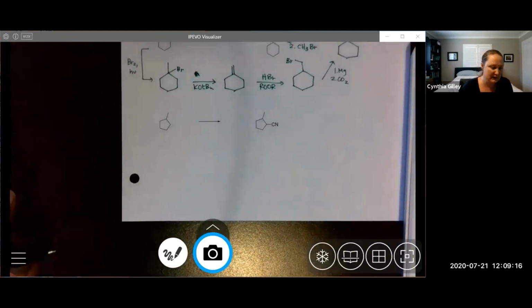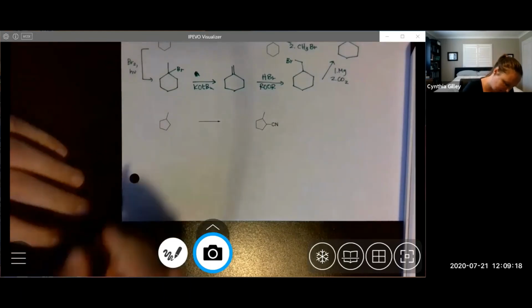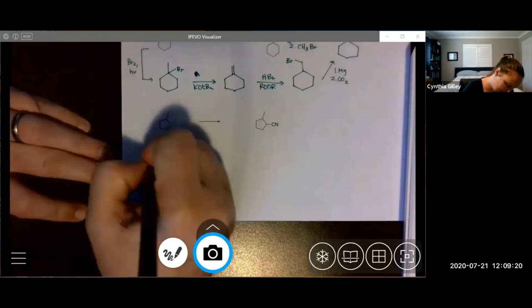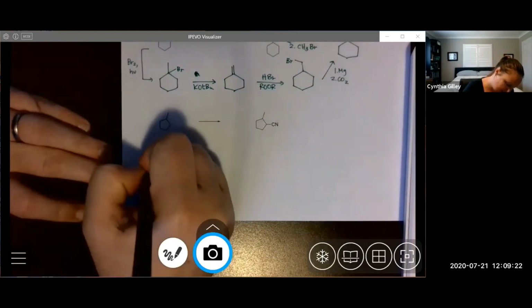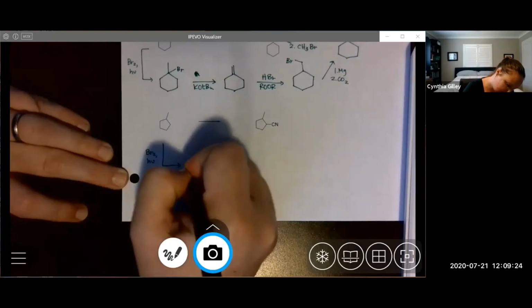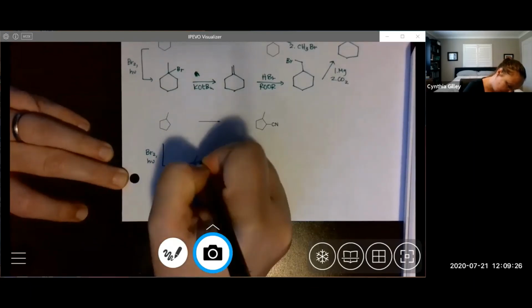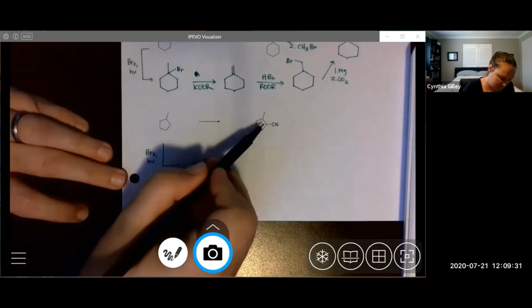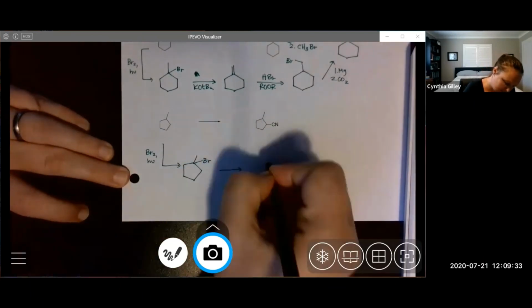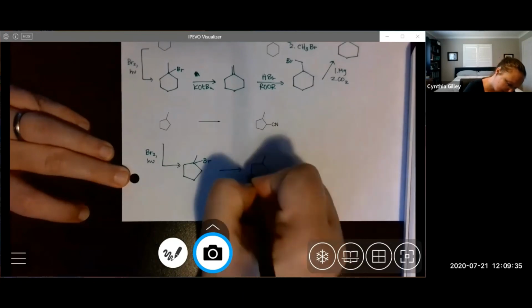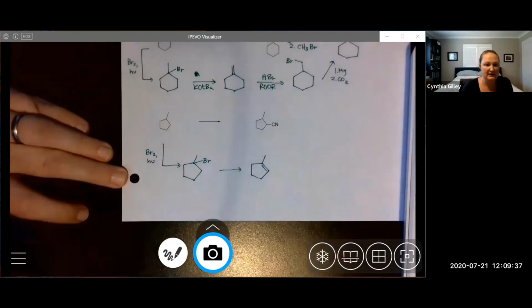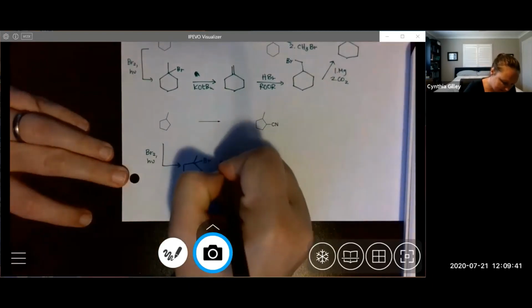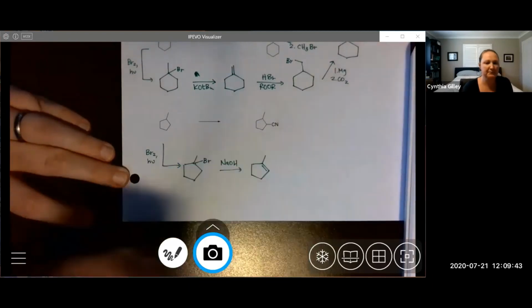So this one also, same thing to start with. We're starting with an alkane. So we're going to do our radical halogenation. Now the goal is to get an alkene here, right? So we want to eliminate to now produce the Zaitsev alkene. So a small base would work well for that.